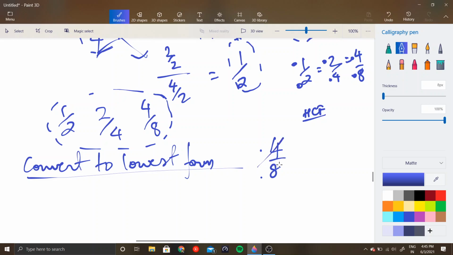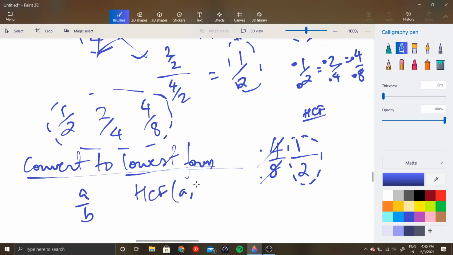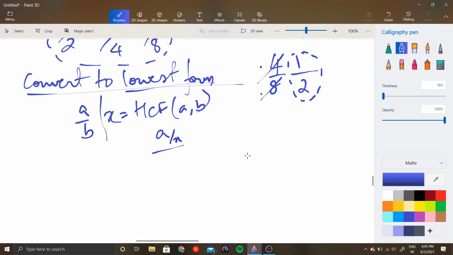So we will divide the numerator and denominator by 4. So 4 by 4 will result in 1, and this will result in 2. Now this converts the fraction into the lowest form. So given a fraction a by b, find out the HCF of a and b, and divide both the numerator and the denominator by the HCF.